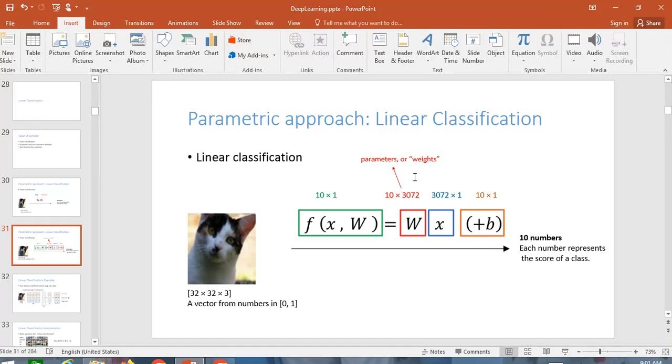We have colored images here, so we need 3 values for every single pixel of each image. Okay. Here we also have a b, so that it is really a linear function. We have a bias for each class. So when we have 10 classes, we have 10 biases.